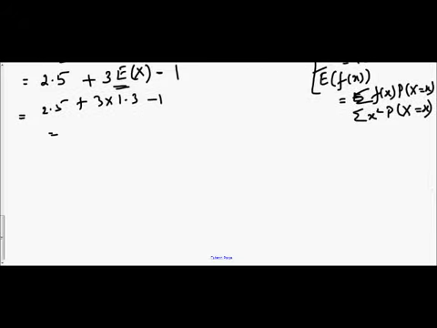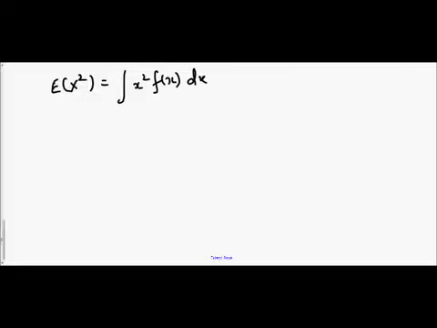The same properties can be done for continuous random variables as well. So for a continuous random variable, the expected value of x square would be the integral of x square f of x dx.